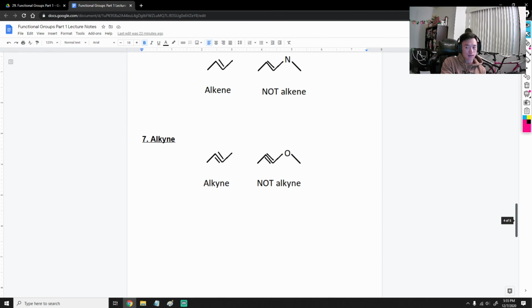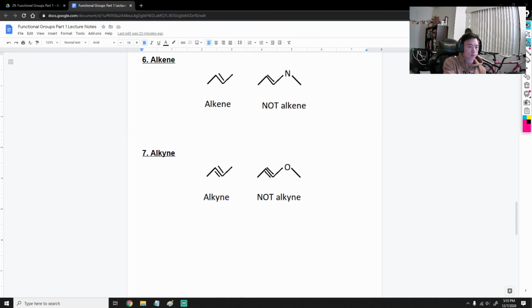All right, and then lastly, you guys can probably guess what the next one is. It's the one that we haven't talked about yet. It's a triple bond. If we have something where the only interesting thing to look at is a triple bond between carbons, we'll call that an alkyne. Okay? Alkyne.